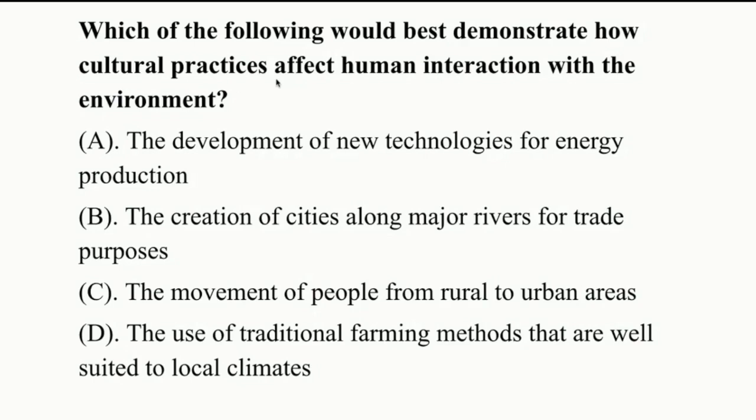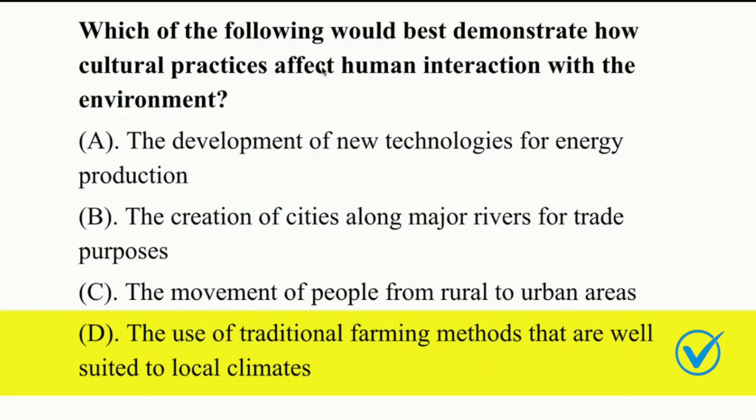How about letter D, the use of traditional farming methods that are well suited to local climates? Well, right there we have the environment part, and we have traditional farming, which is a cultural practice. So letter D is the best fit: the use of traditional farming methods that are well suited to local climates.